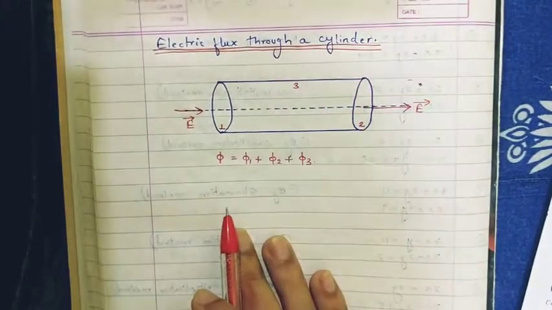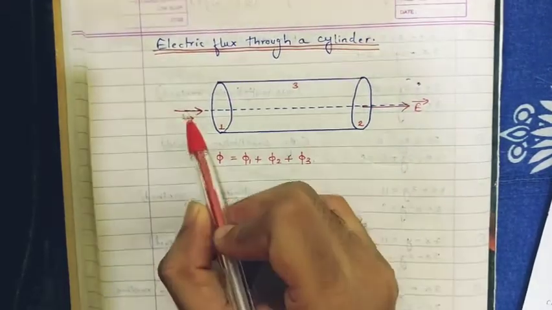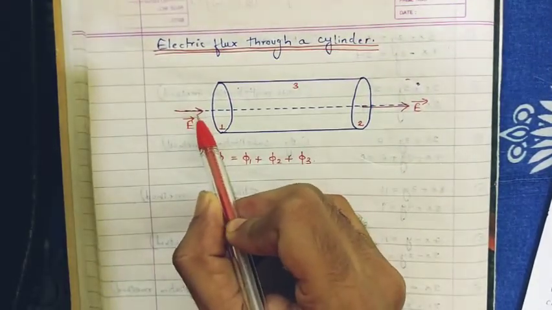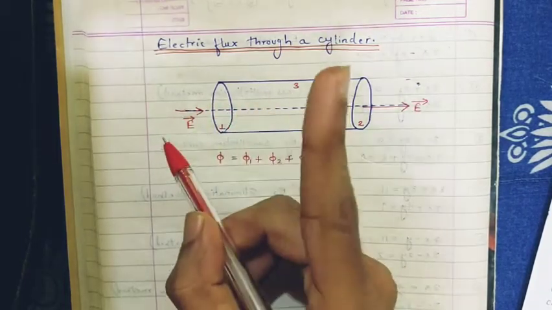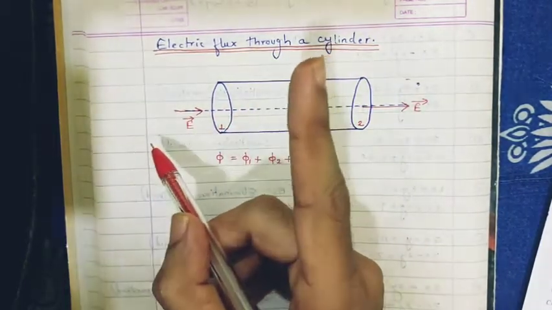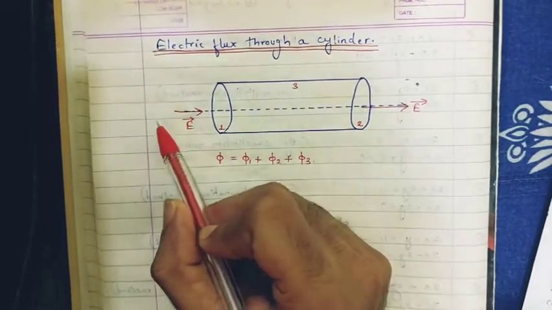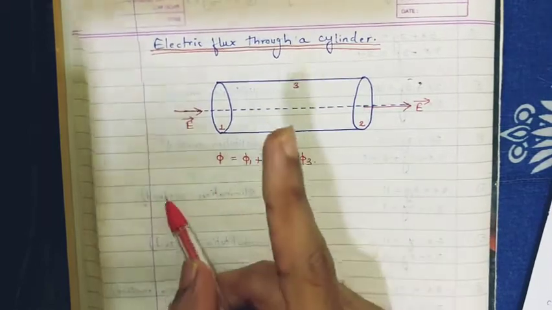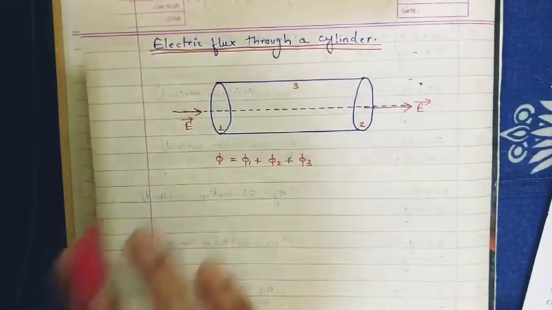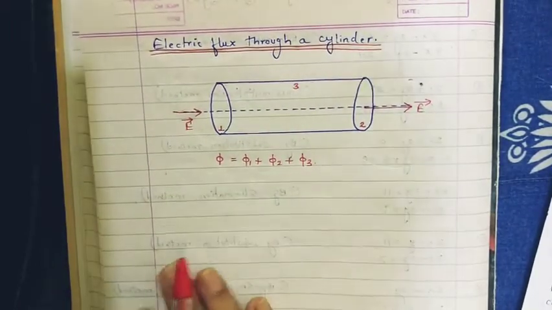Let's start from surface 1. If you see, the direction of the electric field is such that it is entering the closed surface. I made a statement while teaching you electric flux that when the electric field is entering any closed surface, the flux from that surface is always going to be negative. How is it negative?